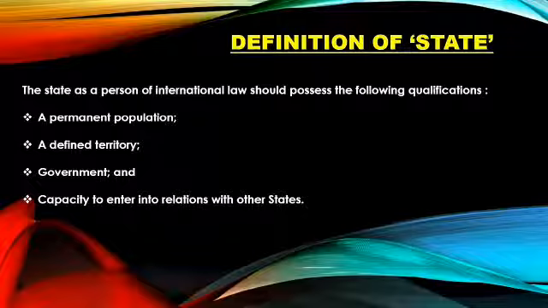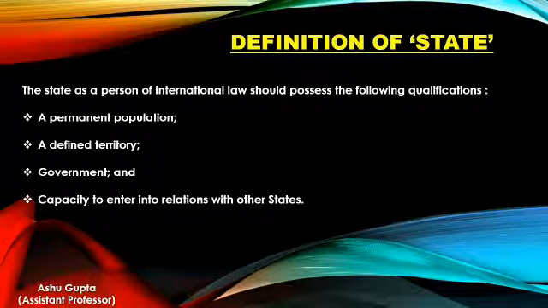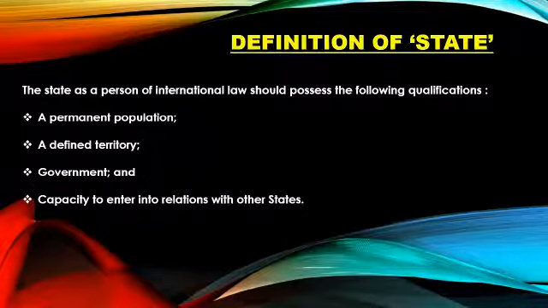So let's talk about the meaning of a permanent population. You already know what population means. In terms of international law, we may note down that the existence of a permanent population is naturally required as essential evidence of the existence of the state, and this requirement suggests a stable community.